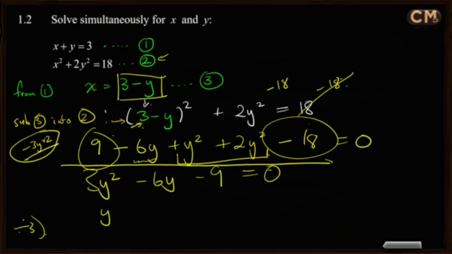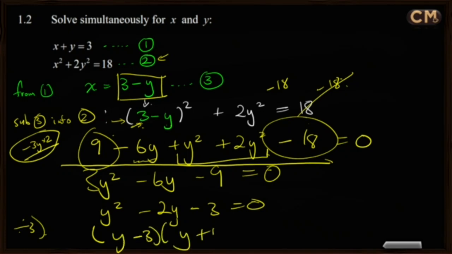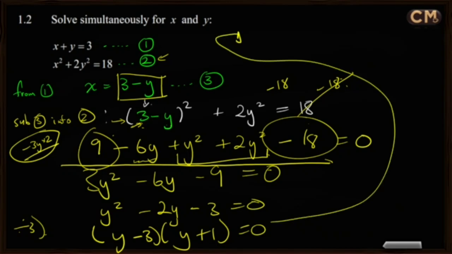So we'll have y squared minus 2y, of course, minus 3, and that's all equal to 0, giving us as factors y minus 3, y plus 1, that's all equal to 0. That means we have that y is equal to 3, y is equal to negative 1.